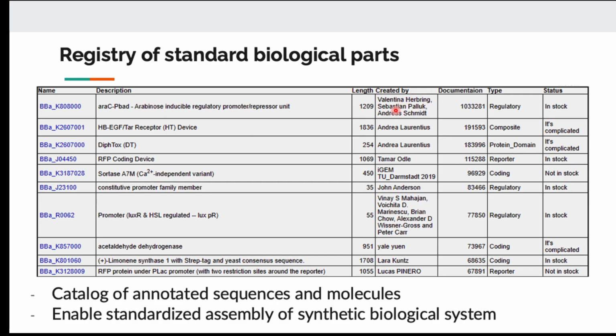And these are the creators. So this is the lab that designed these parts. And if you contact them, they can produce and maybe send to you the pre-built DNA sequence. So you don't have to come up with all the parts yourself. If you want some function that people have already decided for, you can get the design and you can follow it or you can order from them.